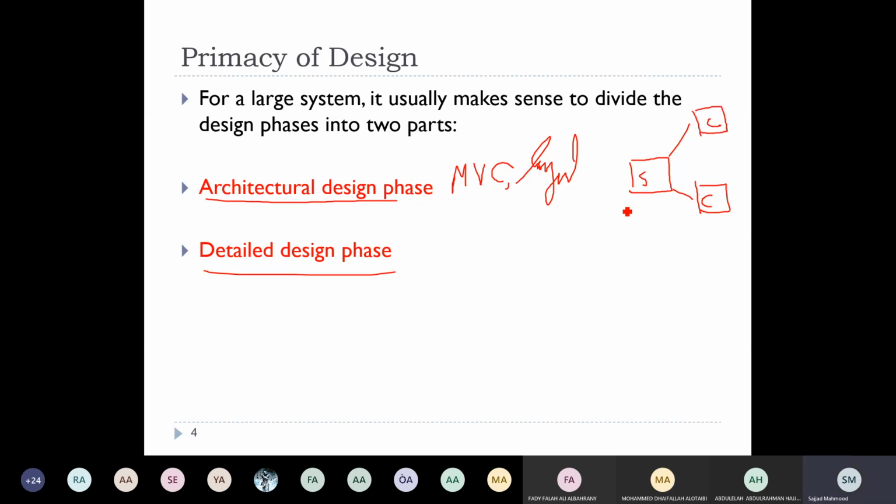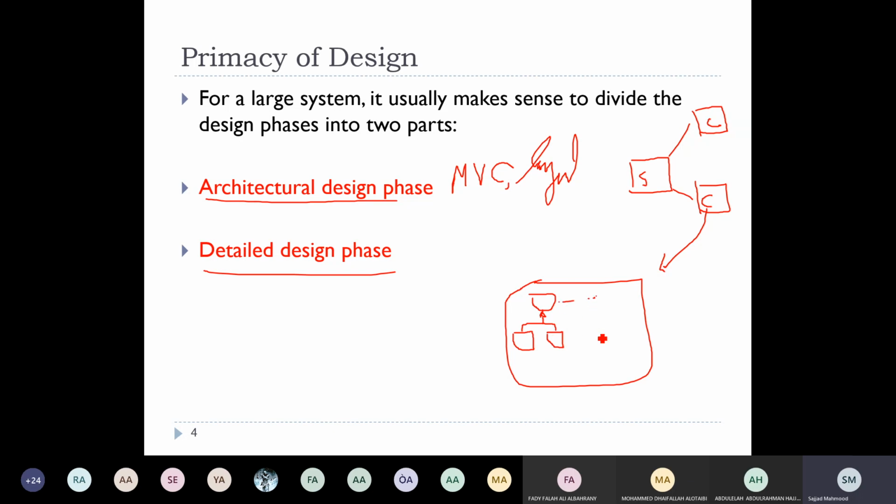And so a server and clients, and then we have something called detailed design, which is actually where you take each one of them and you dig into it and you come up with something like class diagrams and functions and interaction between these functions, design patterns, all of that stuff.